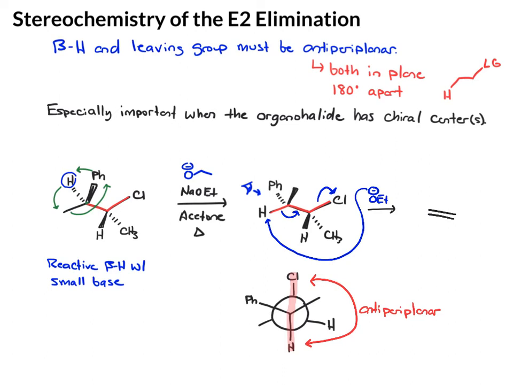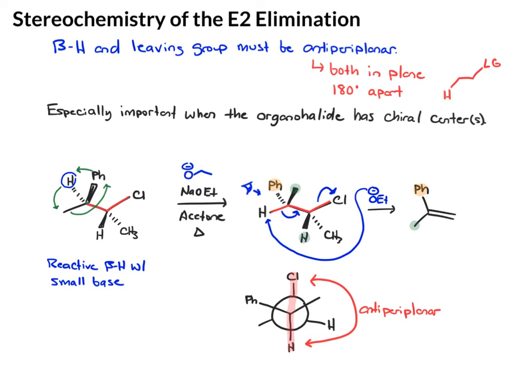So on the left carbon, I have a phenyl and a methyl. Well, since the methyl is on a wedge and the phenyl's on a dash, what we want to do is line up the groups on our other carbon in relation to those. So on my other carbon, my wedged group is a hydrogen.